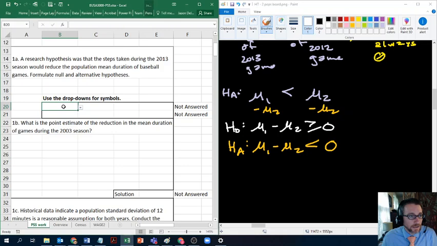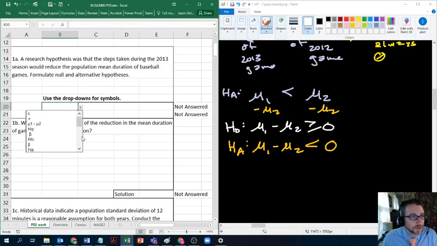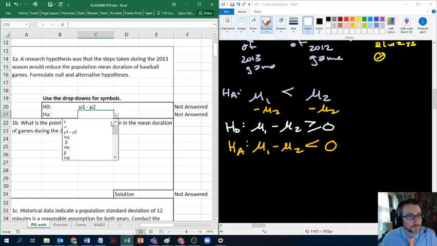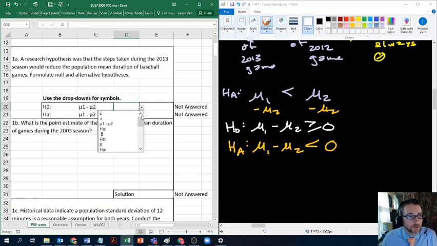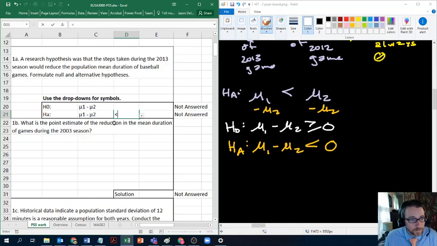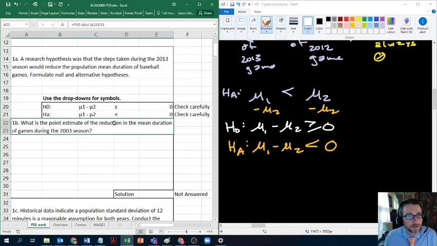And then when I put these in, let's see, does this work? H0. There we go. And then HA. There. mu1 minus mu2, and then this should be greater than or equal to, should be less than, I can just type a less than sign, and then this should be 0, this should be 0.